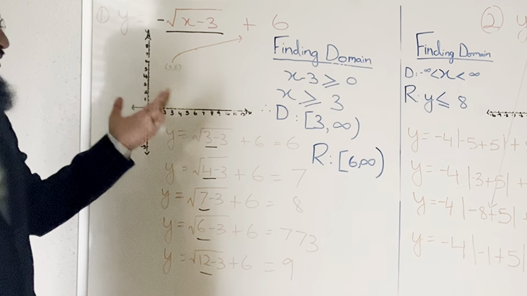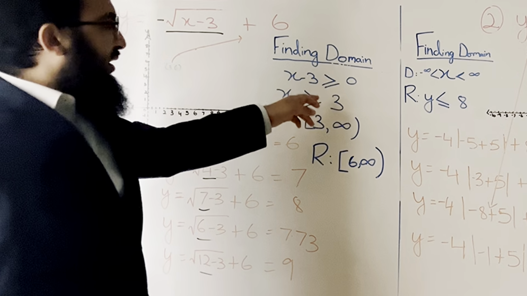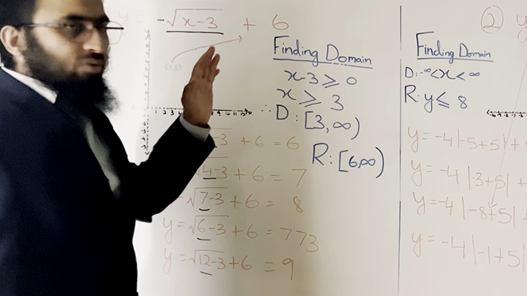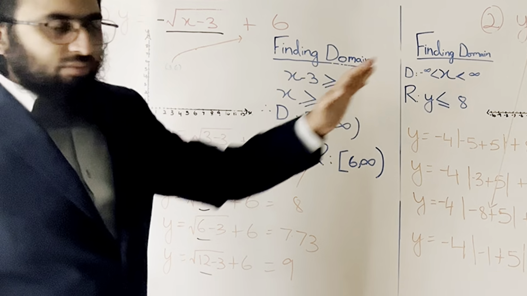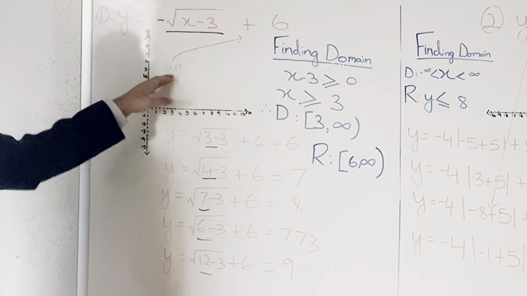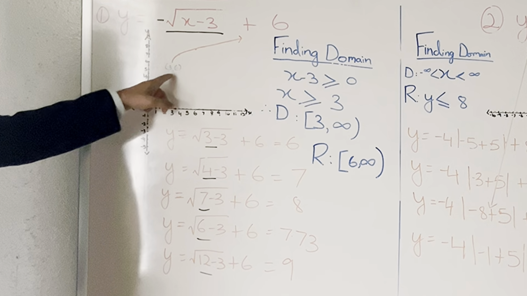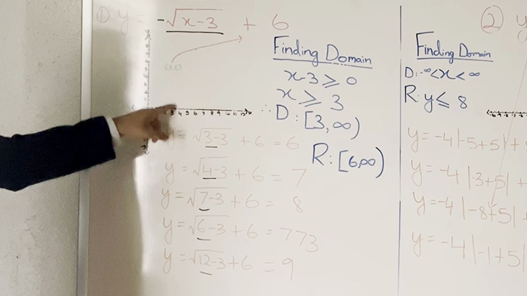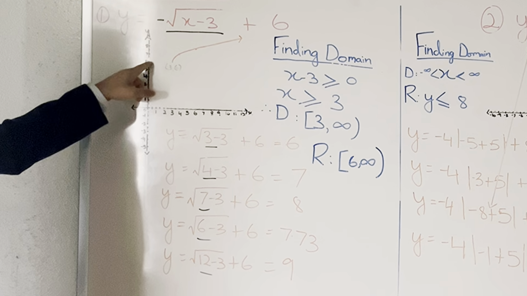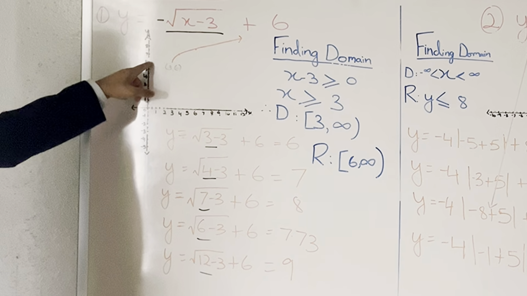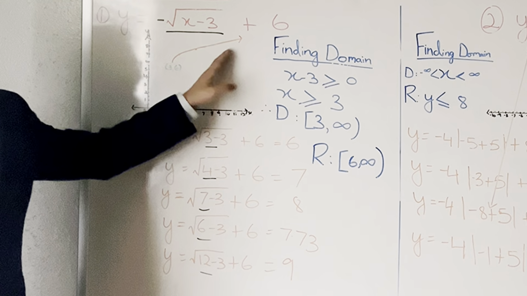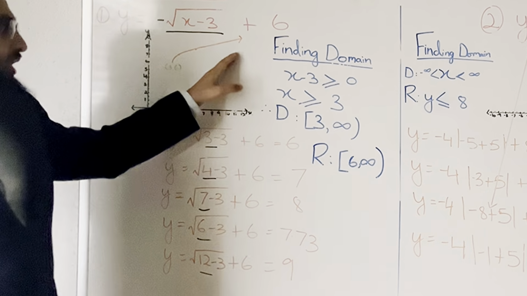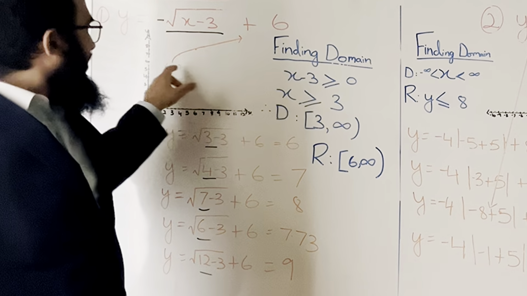I already knew that after 3, the graph will go to the right, which you can see here. The beginning point is (3, 6), meaning the x coordinate is 3 and the y coordinate is 6. And then the graph would definitely go towards the right, because the domain is x greater than or equal to 3.